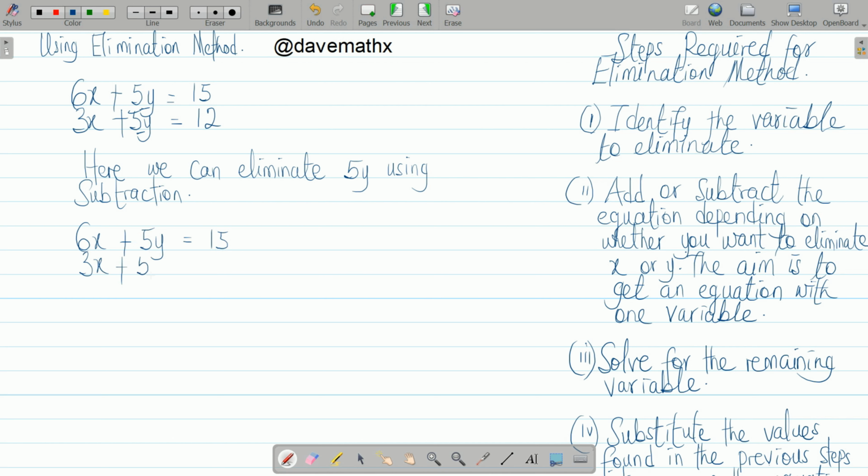I hope you're following along with me. I will start with 5y. 5y minus 5y is equal to 0.